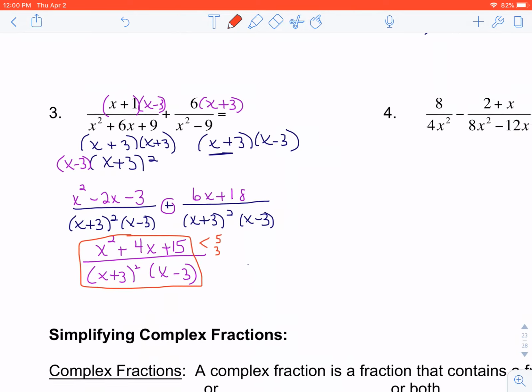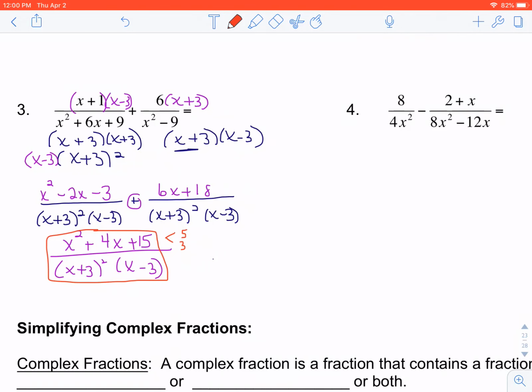So the final problem, number 4, again factor first. Our left side is just one term, it doesn't get factored, but the right side we can pull out a 4x, leaving us with 2x minus 3.